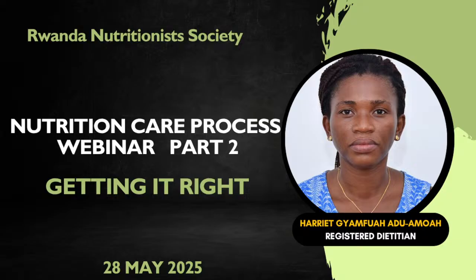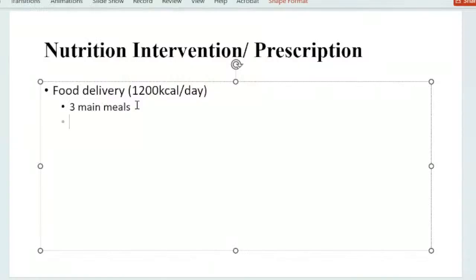Maybe we are doing 1,000 calories a day, and then we are portioning it into three main meals.